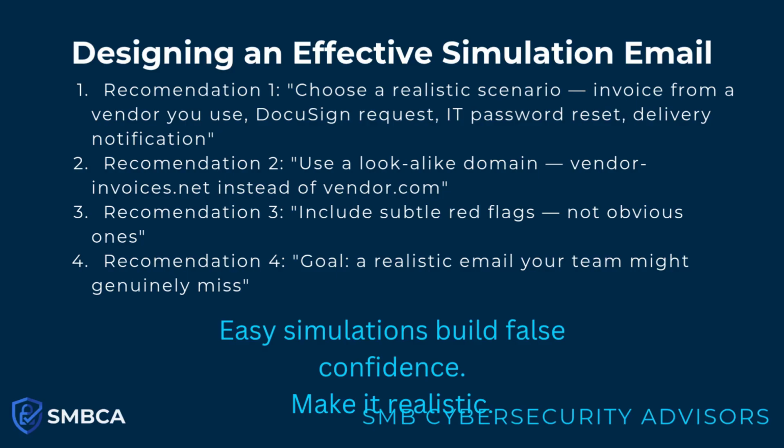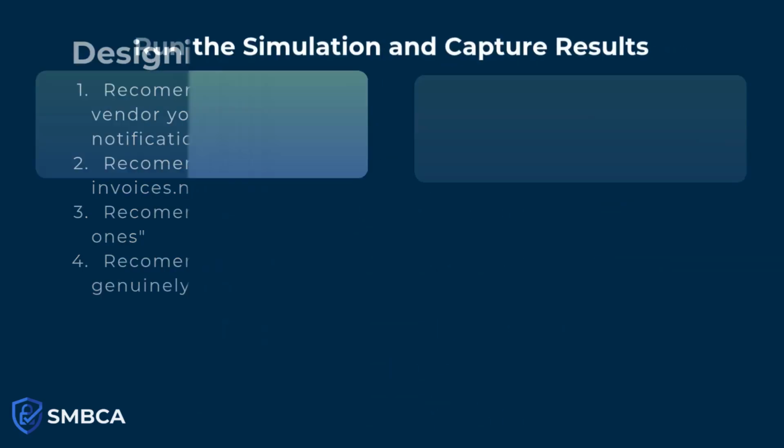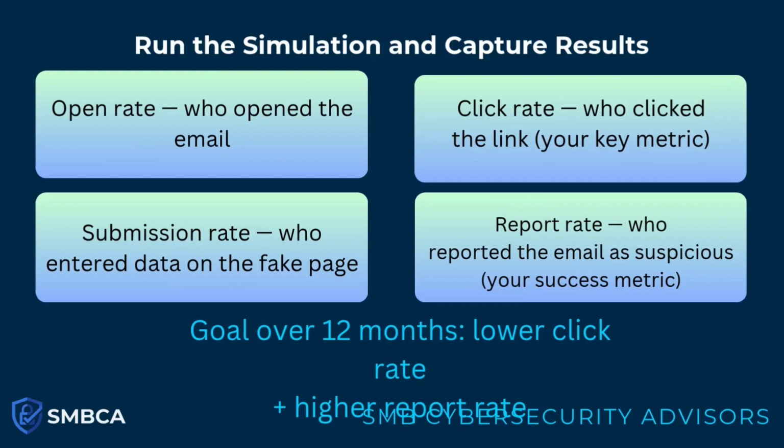Use a domain that looks almost right but isn't, vendor-invoices.net instead of vendor.com. Include 1 or 2 of the red flags from video 4, but make them subtle, not obvious. The goal is a realistic simulation that your team might genuinely miss, not a test designed for everyone to pass.